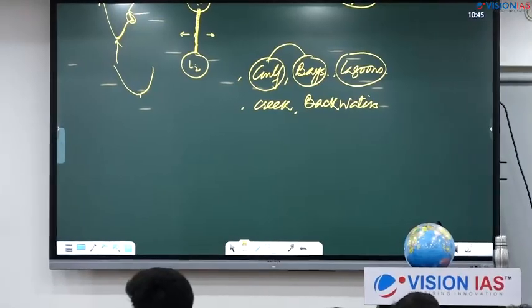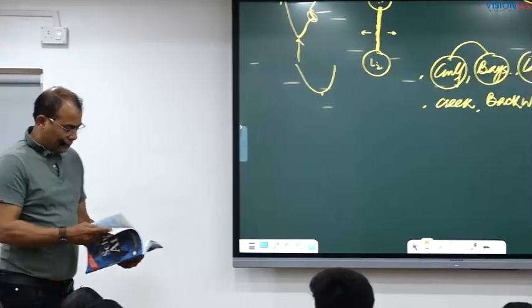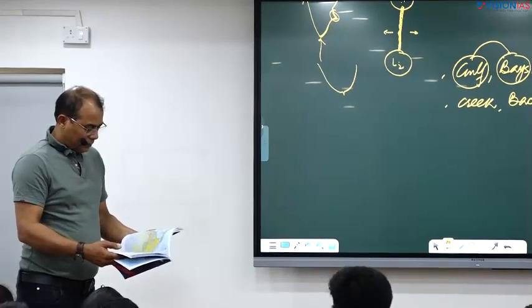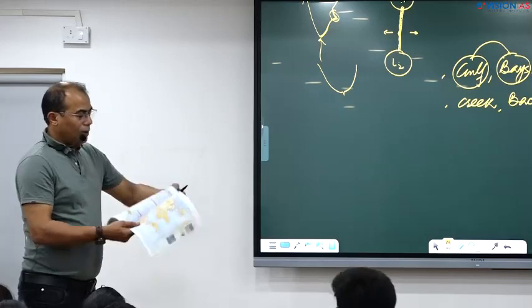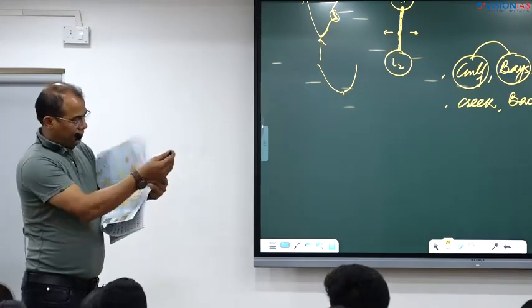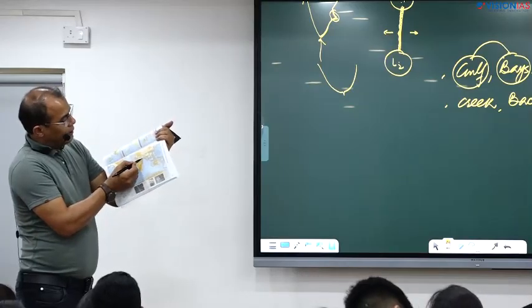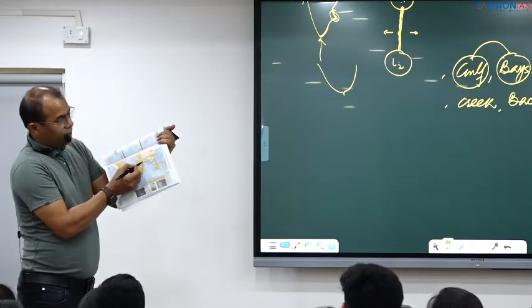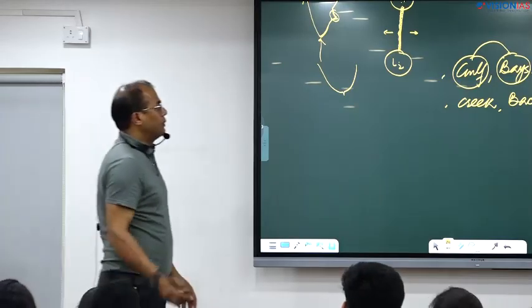Good. Look at any world map. This is the Bay of Bengal and this is the Persian Gulf. Look at it, and now I'm trying to explain it to you.